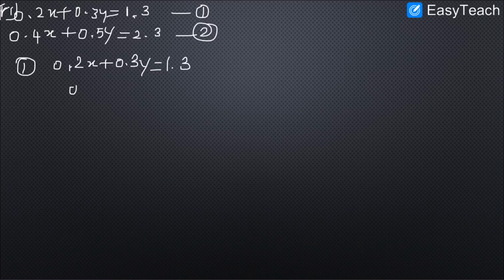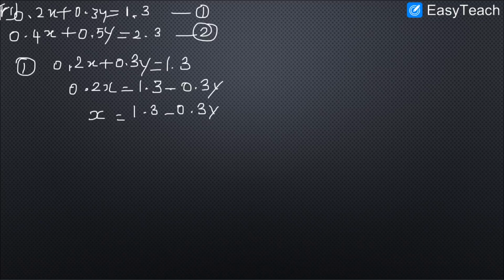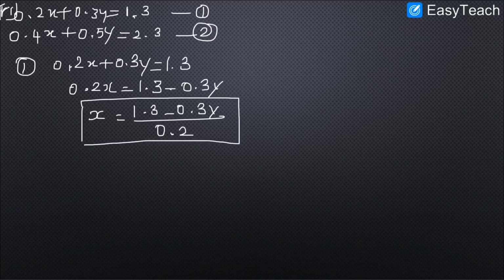So 0.2x equals 1.3 minus 0.3y, and x equals 1.3 minus 0.3y, the whole divided by 0.2. This is the x value.